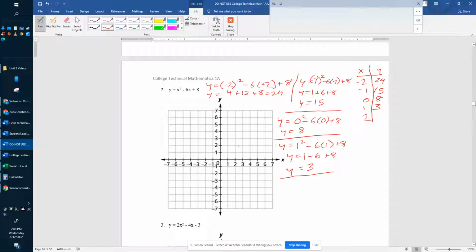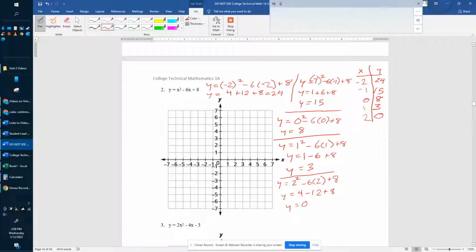Let's take a look at 2. Y equals 2 squared minus 6 times 2 plus 8. Y equals 4 minus what's 6 times 2, which is 12, plus 8. 4 plus 8 is 12 minus 12. Y equals 0. So it looks like we're having more luck the larger our x value.